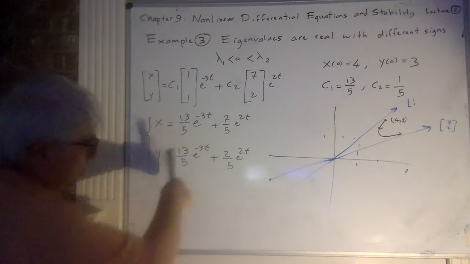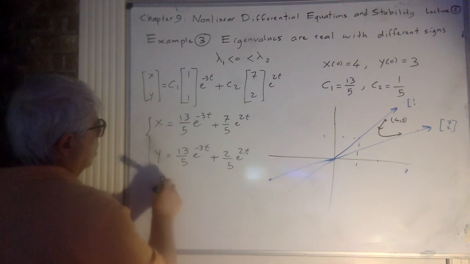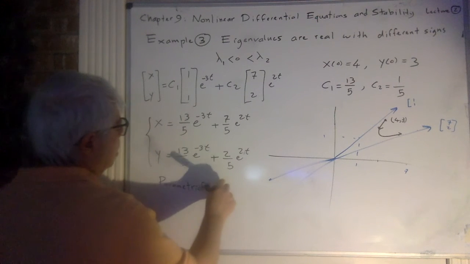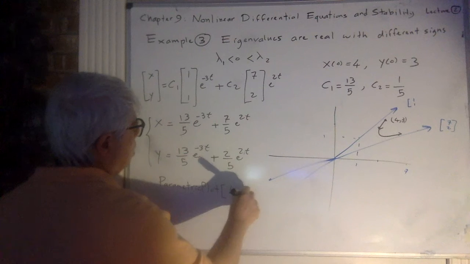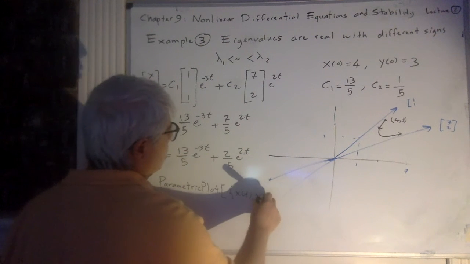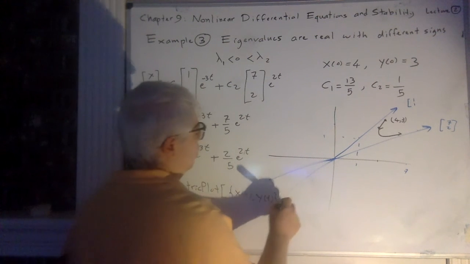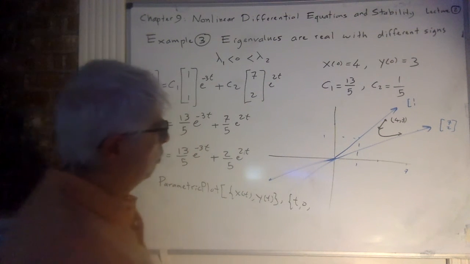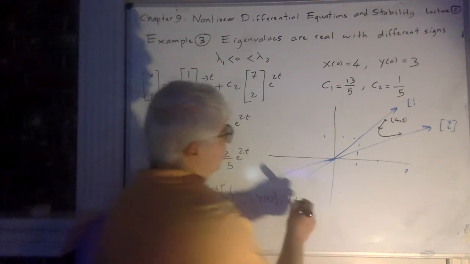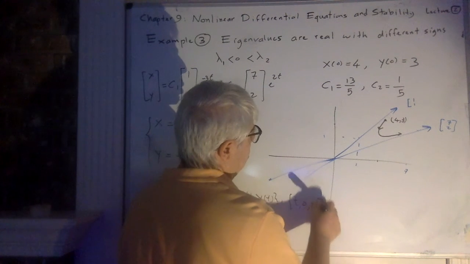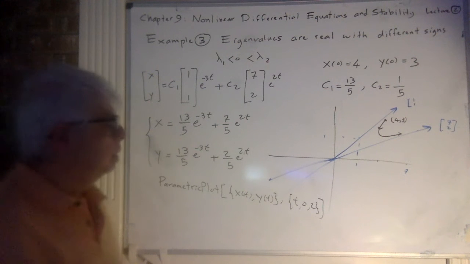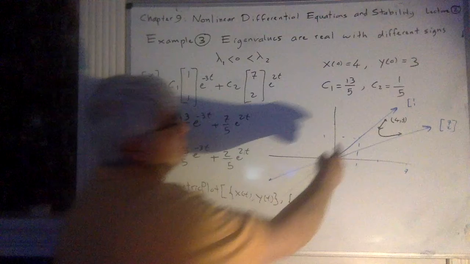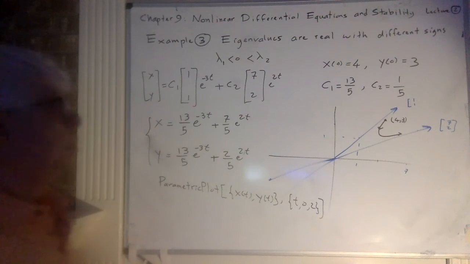If you graph this thing parametrically, x(t), which is this one, and y(t), with t starting at 0, and you can just try 2, for example, so from time 0 to time 2 seconds or minutes or whatever, and you can try different times, you will see that it just moves away the other way.